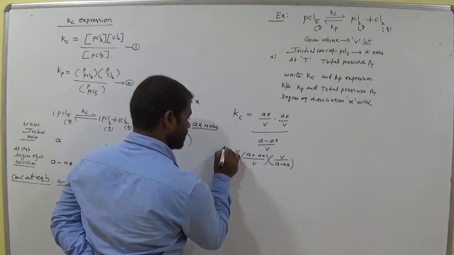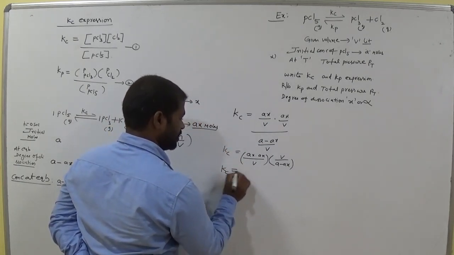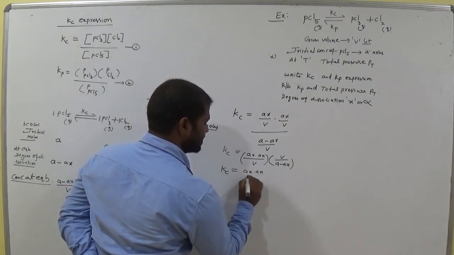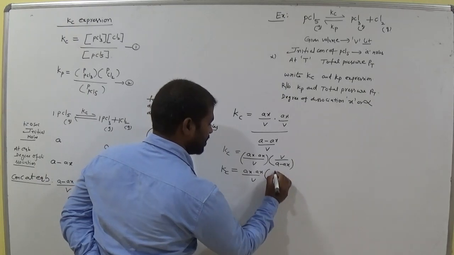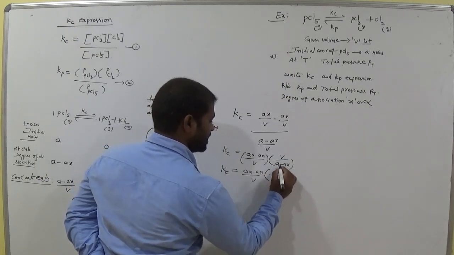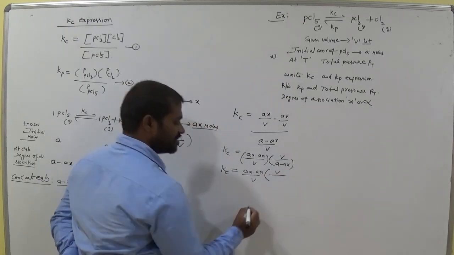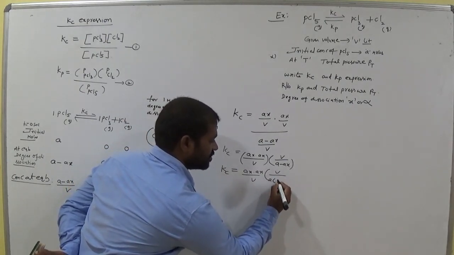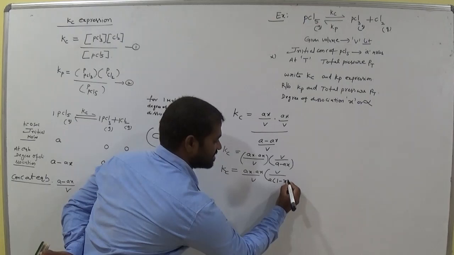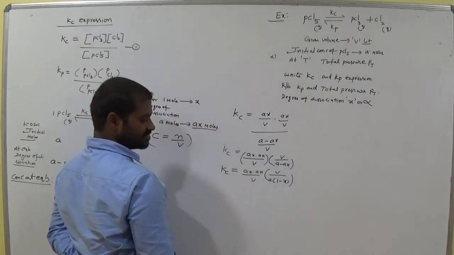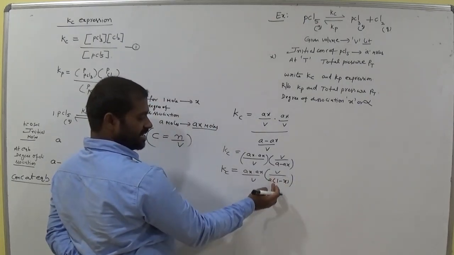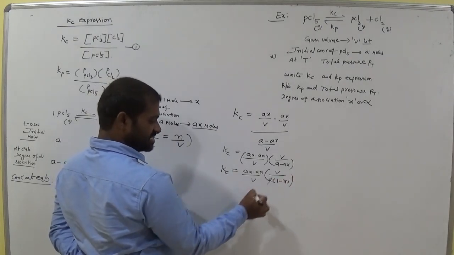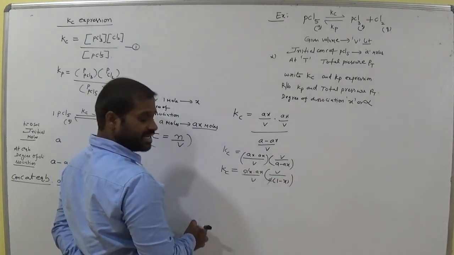From this one, Ax into Ax, and V by A into 1 minus x. Take the common A, the remaining term is 1 minus x, and cancel this A and this A. Is it clear?